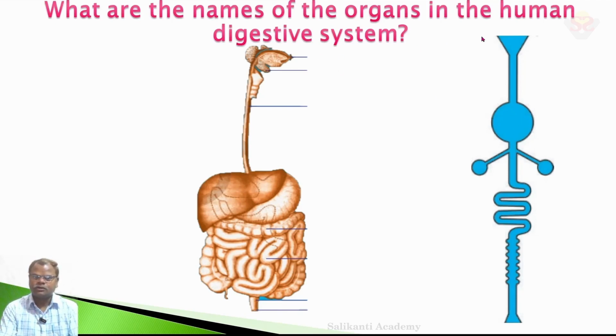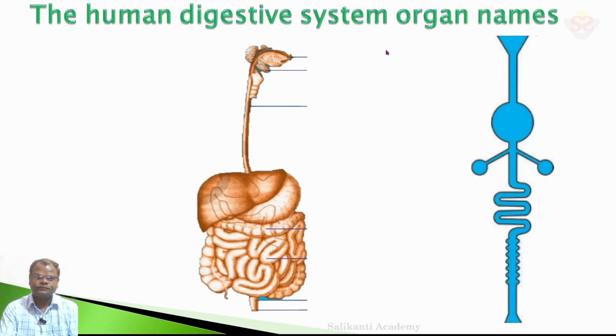First part of the digestive system is the mouth.